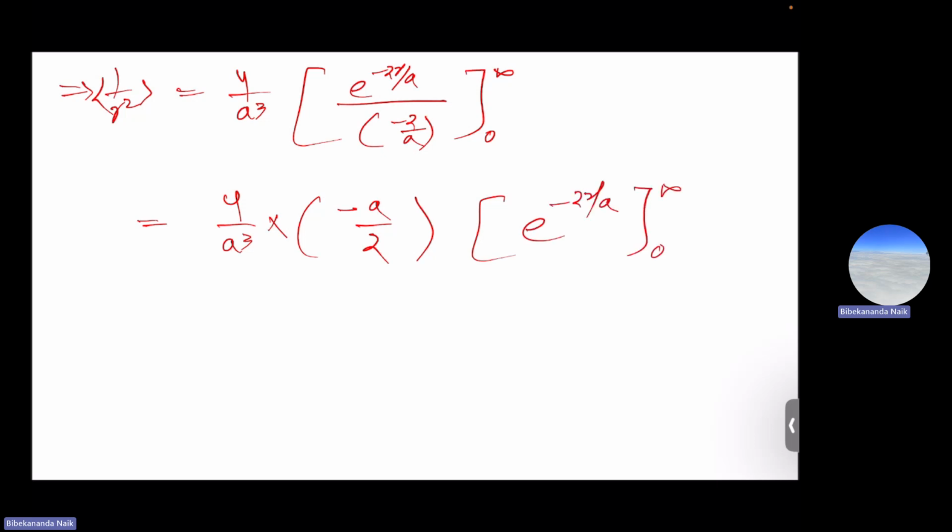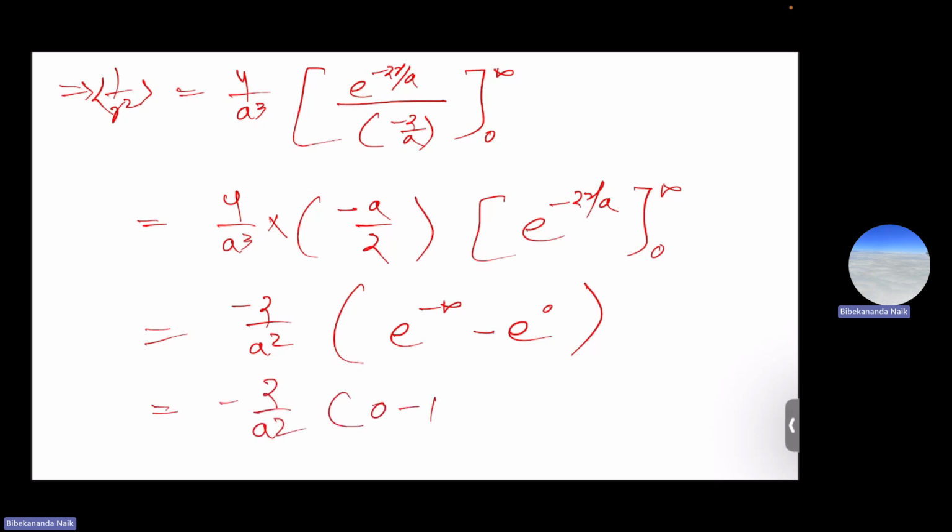0 to infinity. So it will be minus 2 by a square, e to the power minus infinity minus e to the power 0. So e to the power minus infinity is 0. So it will be minus 2 by a square, 0 minus 1. So it will be 2 by a square.